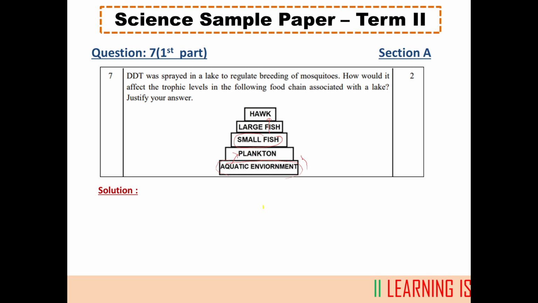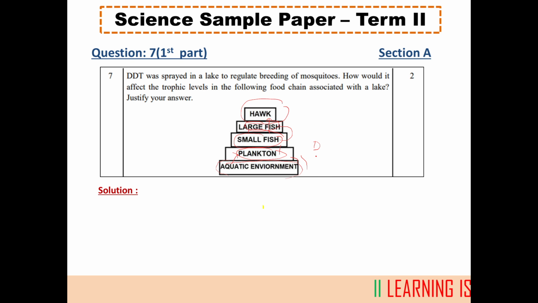The DDT which enters the body through food never decomposes. So if it takes in some plants, it will get some DDT. If the fish takes lots of plankton, from lots of plankton it will get more DDT, and the large fish taking more small fish gets more DDT, and finally the hawk is getting a large amount of DDT.